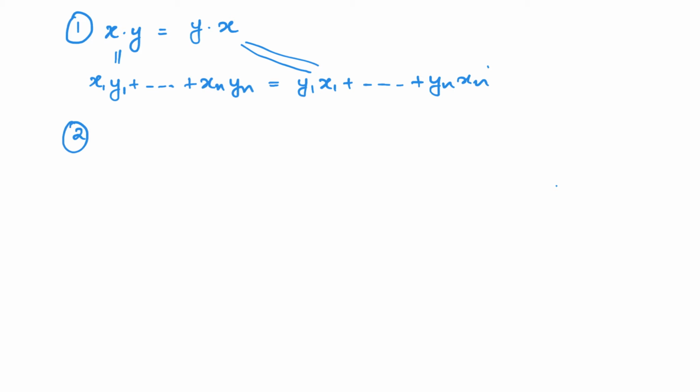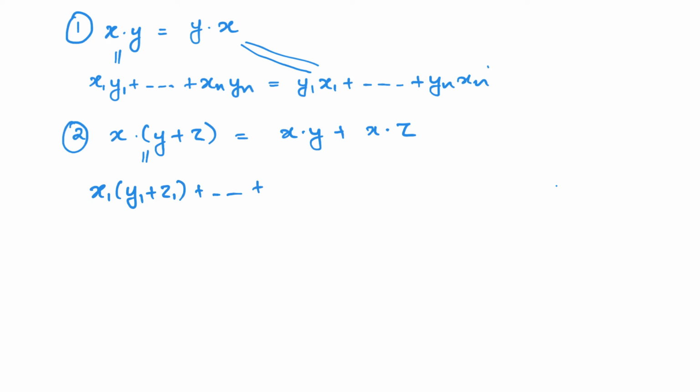Similarly, we can show that x dot (y plus z) is equal to x dot y plus x dot z, and this is a consequence of distributivity of multiplication. Notice that x dot (y plus z) is equal to x1 into (y1 plus z1) plus x2 into (y2 plus z2) plus etc. up to xn into (yn plus zn).